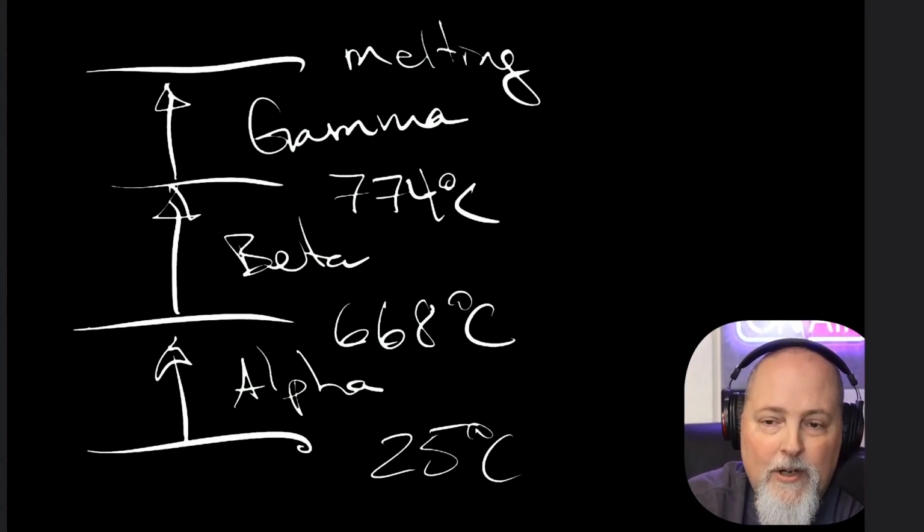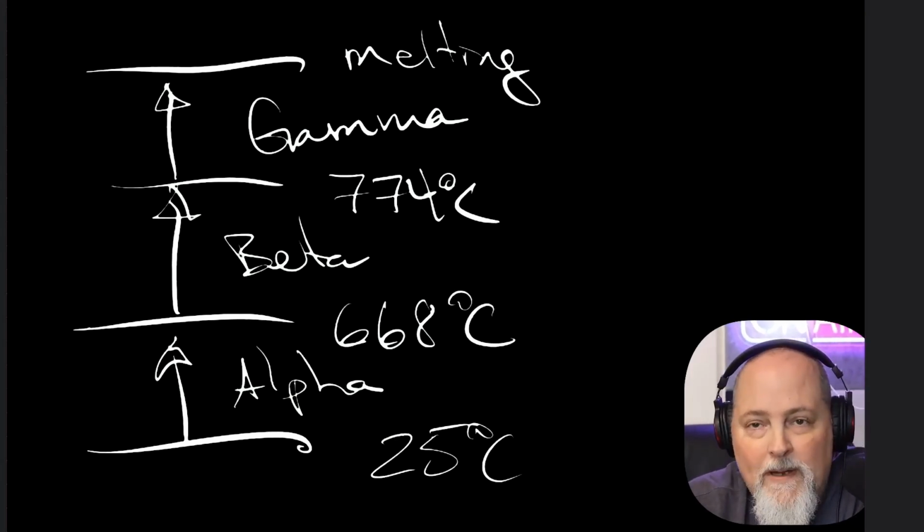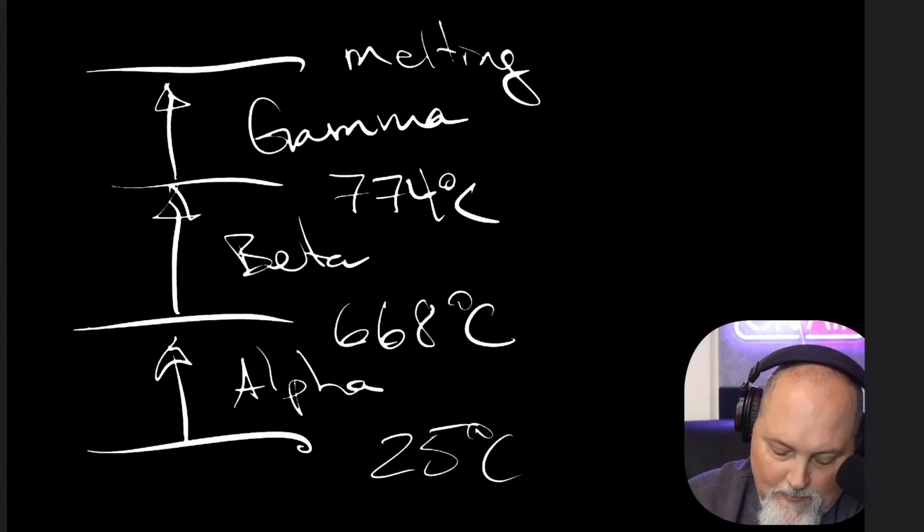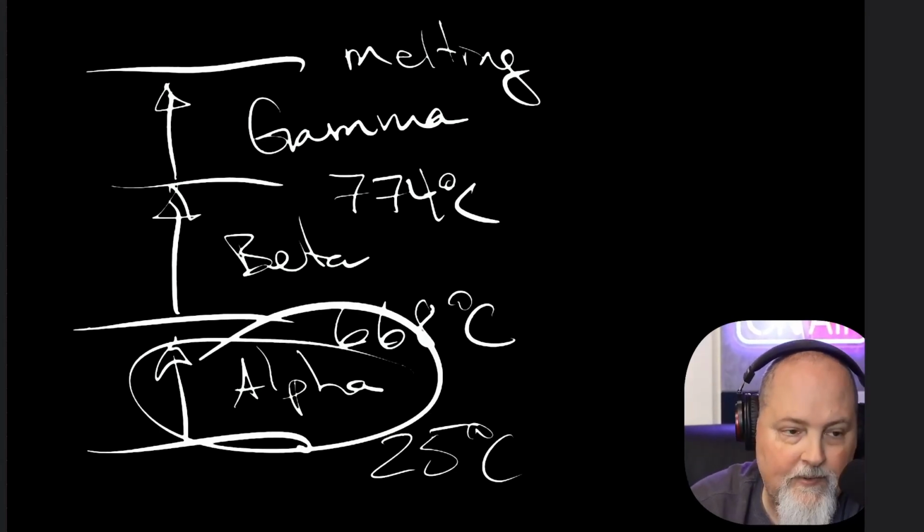We convert it into a powder so that it has a stable form where it's not going to experience this warping and distorting and cracking as temperature changes. It's a lot more stable in its uranium dioxide form. So it's the alpha phase that gives us the most problems.